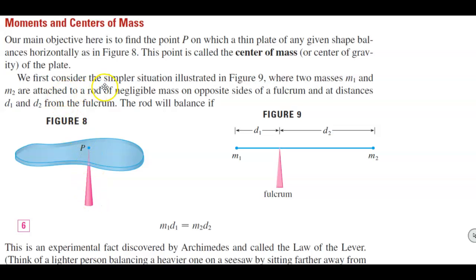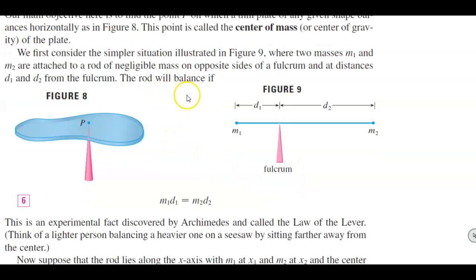So we first consider the simpler situation. It's illustrated in figure 9, where you have two masses, M1 and M2, that are attached to a rod of negligible mass on opposite sides of a fulcrum and at distances D1 and D2 from the fulcrum.